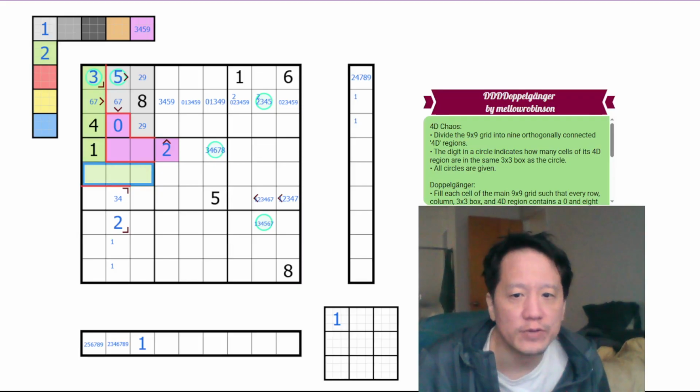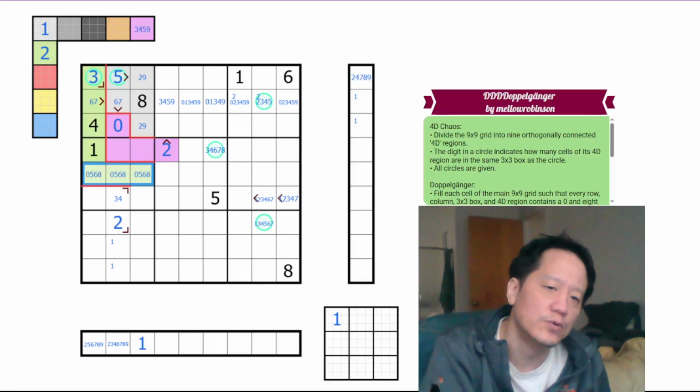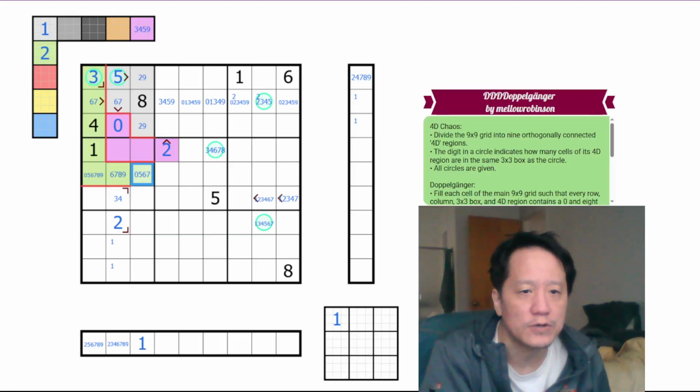Remaining digits of the green region. We have 0. No 1, no 2, no 3, no 4, 5 through 9. And this can't be 0, 5, no 8 here. No 9 here. Interesting.